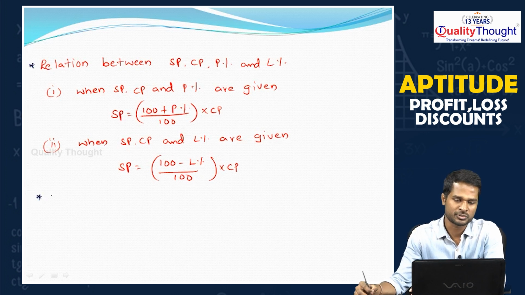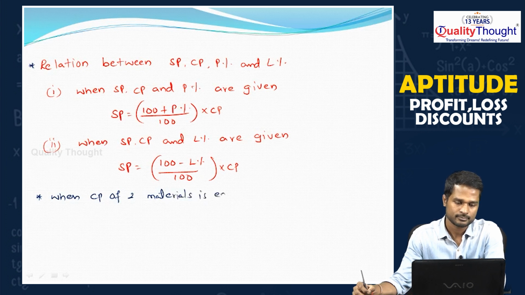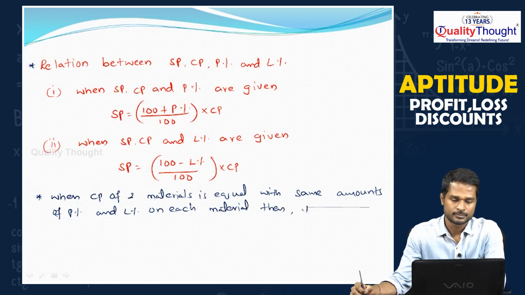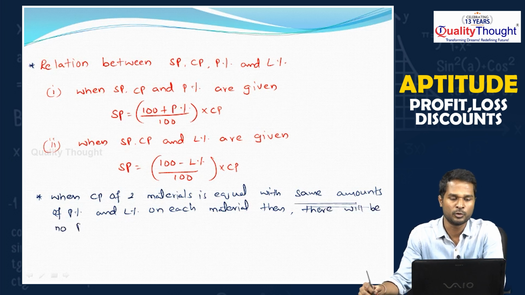And let us write some more notes here which are very important. When the cost price of two materials is equal, with the same amount of profit percentage and loss percentage on each material, then there will be no profit and no loss on both the materials taken together.